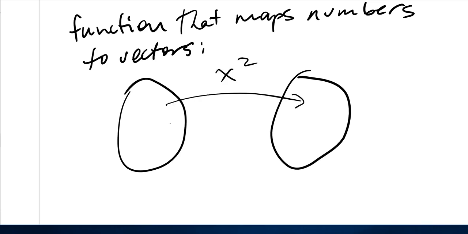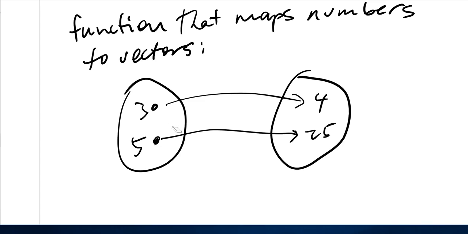Like you would have x squared, and like 3 went to 9, and 5 went to 25, things like this. But now, instead of having numbers over here on the right, you have vectors here. So numbers go to vectors. So t-values go to vectors.